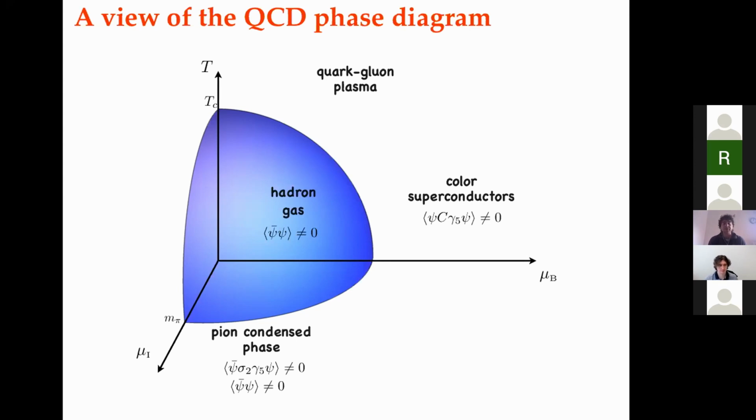When you increase the isospin chemical potential, it should form the pion condensate, and if all these quantities are small, then you are in the standard hadronic phase. This is certainly a cartoon, okay? These are just lines done by hand. We'll come back to the QCD phase diagram at a certain point.